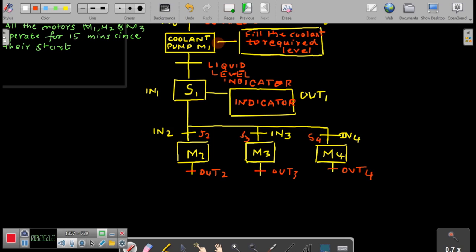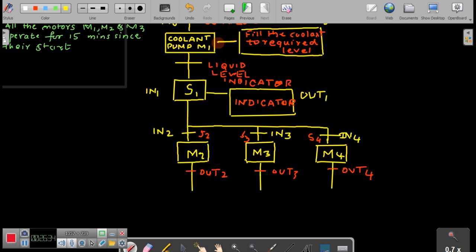So now we will have to come to an end here, but before coming to the end, we will have to have some kind of transition. That transition is nothing but the timer. We have not yet discussed timers because we have been told that the motors will work for 15 minutes since their start.